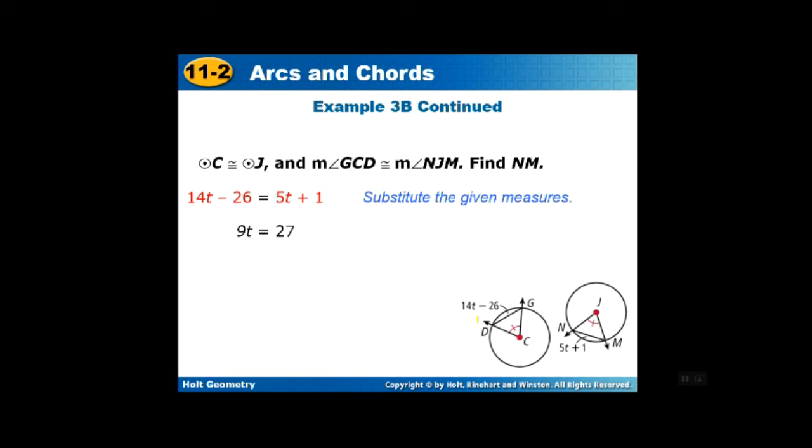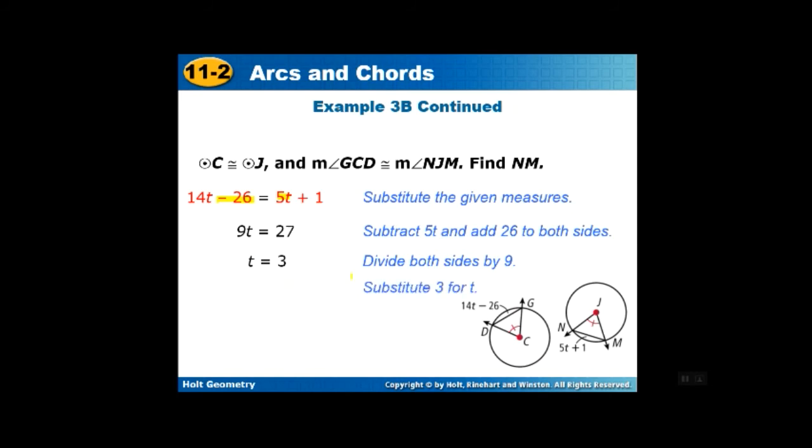Move 5t to the left side and move negative 26 to the right side to get 9t equal to 27. Divide by 9 both sides, then t is equal to 3. We want to find NM. NM is equal to 5t plus 1. So substitute: 5 times 3 plus 1 equal to 16 units for the chord NM.